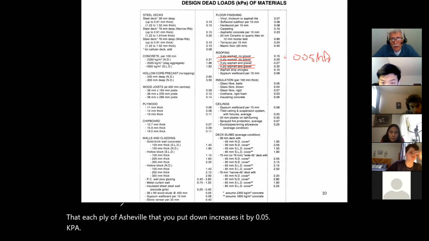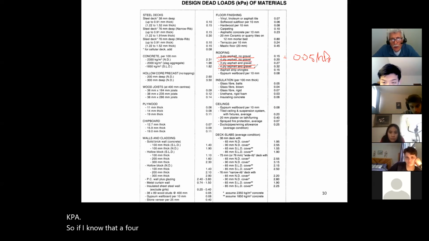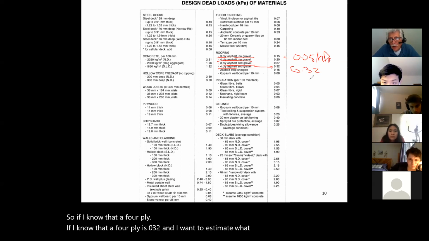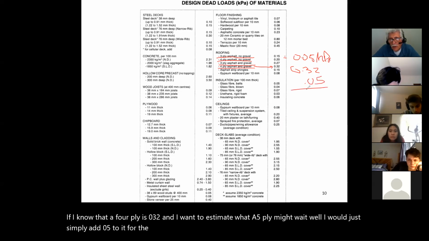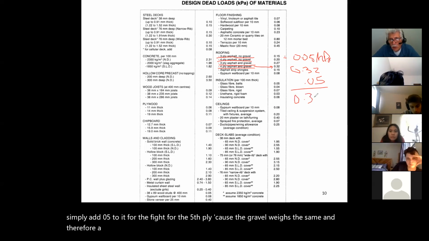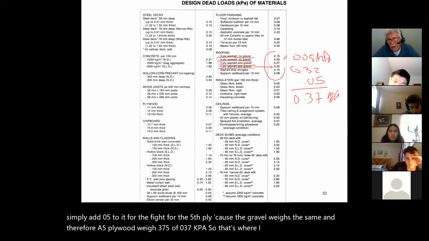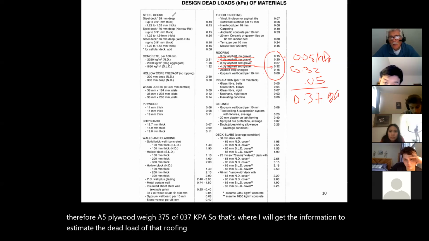So if I know that a 4-ply is 0.32, and I want to estimate what a 5-ply might weigh, well, I would just simply add 0.05 to it for the 5th ply, because the gravel weighs the same, and therefore a 5-ply would weigh 0.37 kPa. So that's where I would get the information to estimate the dead load of that roofing, okay? So, clear drawing.